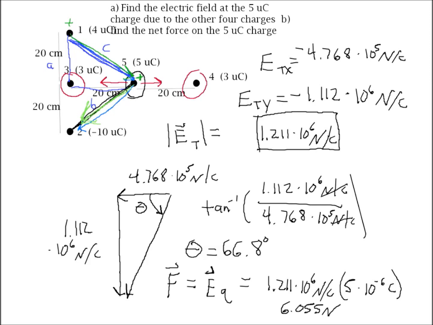And the direction is exactly the same as it was before, 66.8 degrees, because this is a vector equation. So that's all. Part B is easy once you've done the work in Part A.